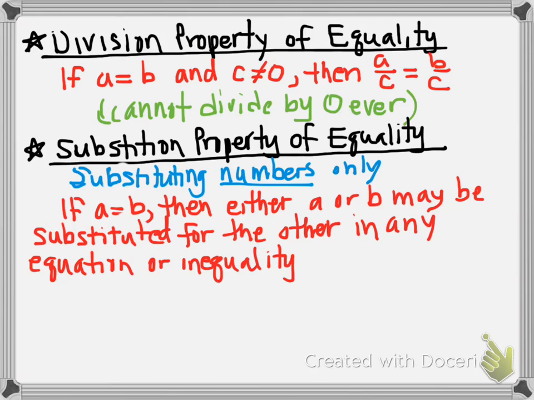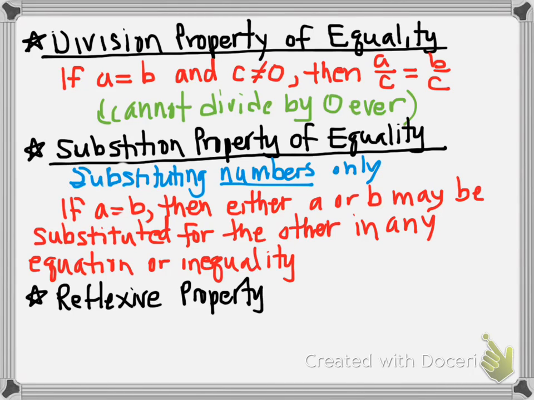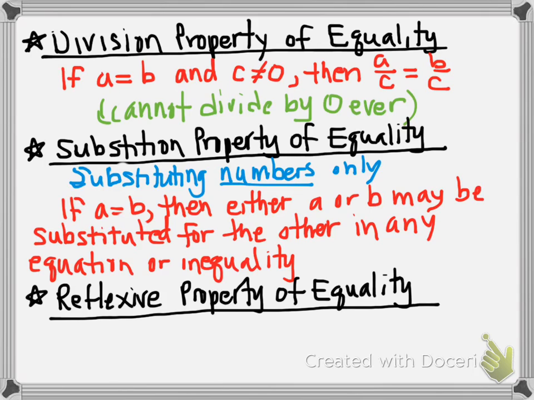Okay. Another property is the reflexive property of equality. I kind of call it the duh property. This one has to do with reflections, and when you look in the mirror you see yourself, and that's basically what this is saying.